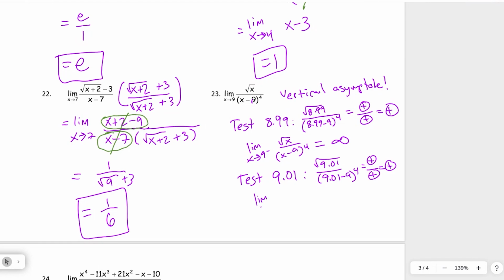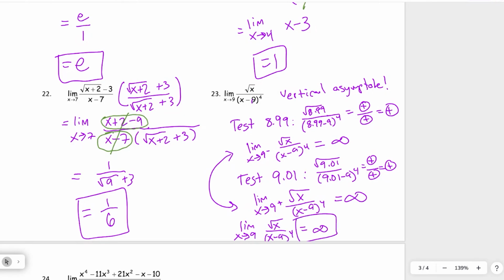So the limit as x approaches 9 from the right of this function is positive infinity. Now these are the same, so it is okay, even though technically the limit doesn't exist, we can say the limit as x approaches 9 as a whole is going to infinity. Now if you say does not exist, I'll take that too.